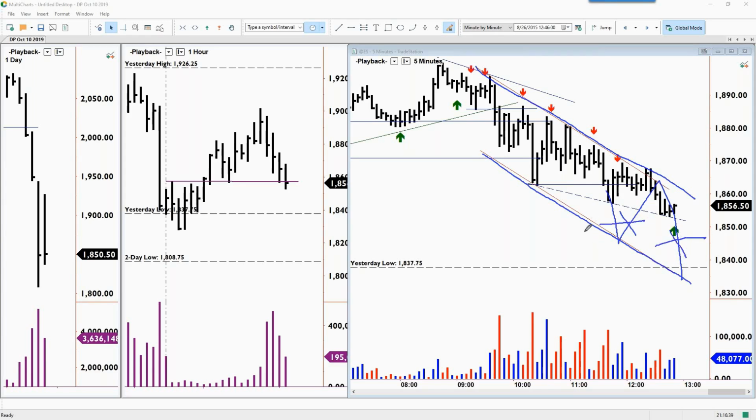What's happening is, I'll erase this. Somehow price is stopping before it gets all the way down to the demand line. This is the demand line. This is the supply line. Okay, those are the terms we use. There's only two ways that this can happen.